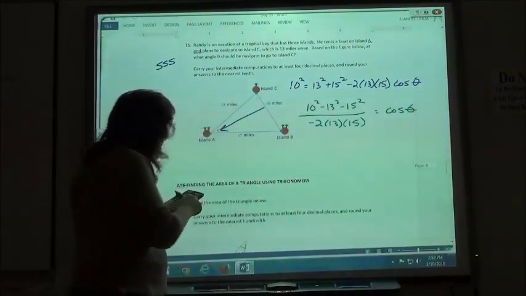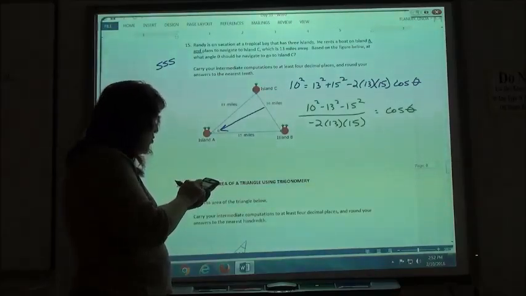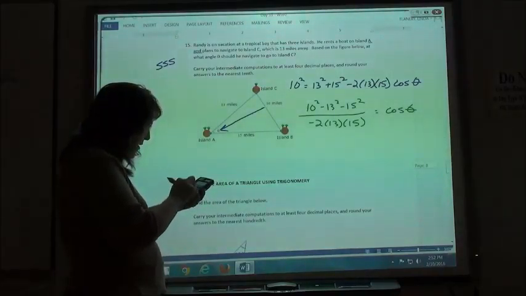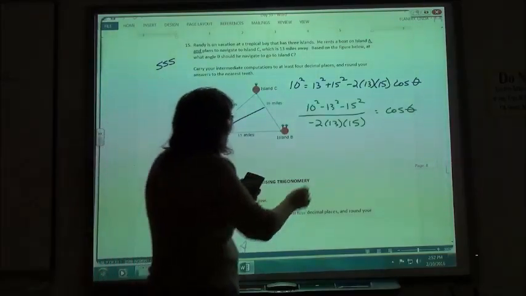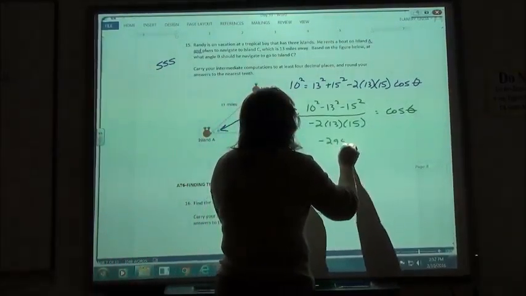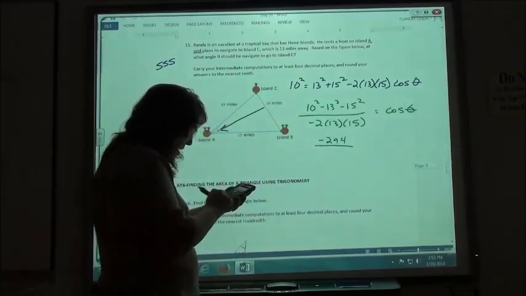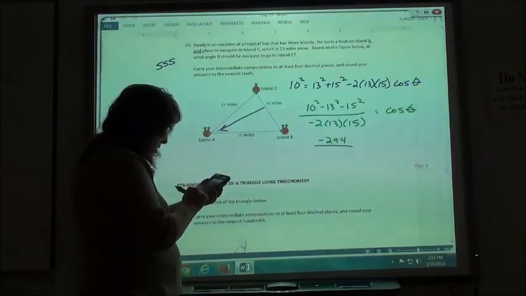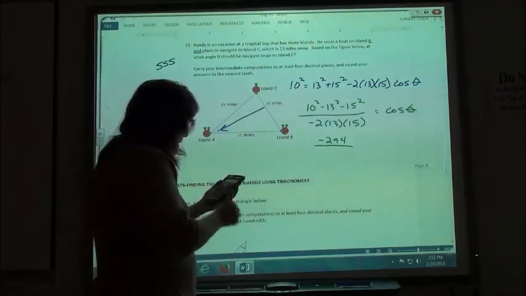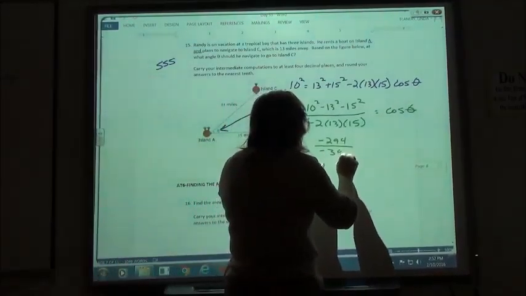So, figuring out my top number, 10 squared minus 13 squared minus 15 squared gives me negative 294. On the bottom, negative 2 times 13 times 15 gives me negative 390.